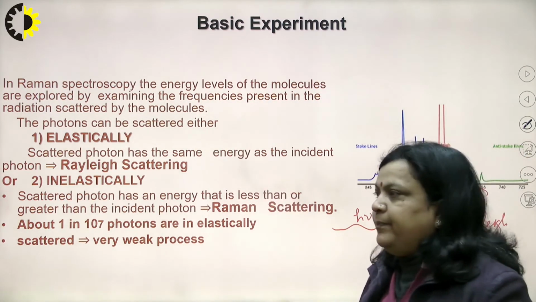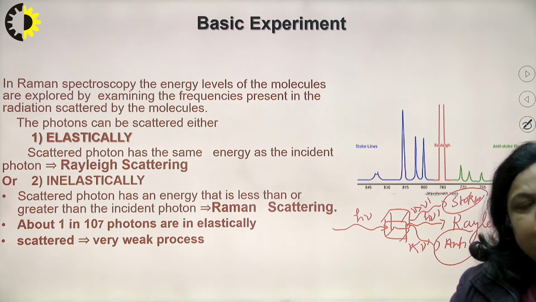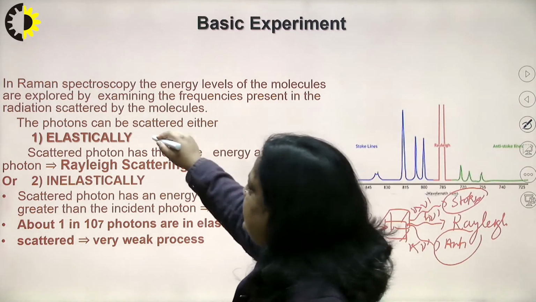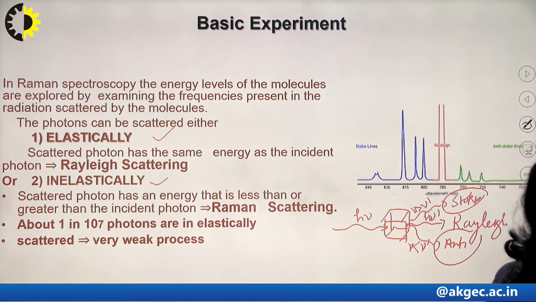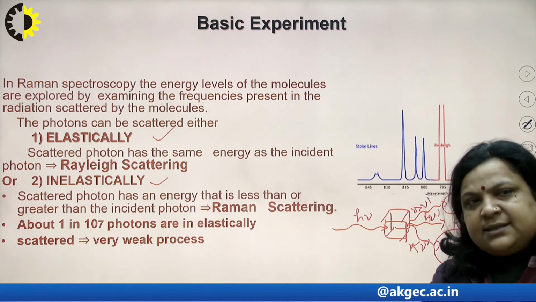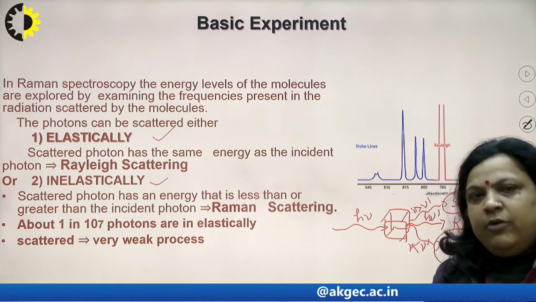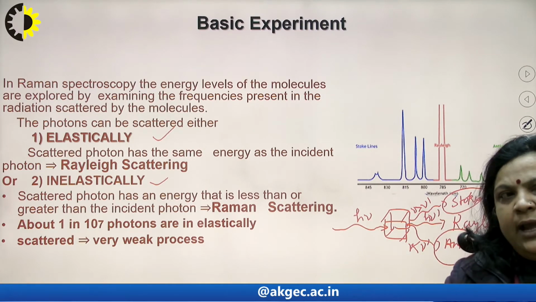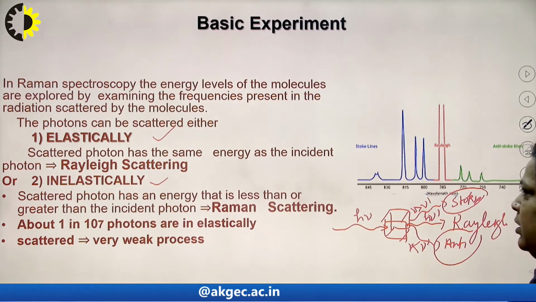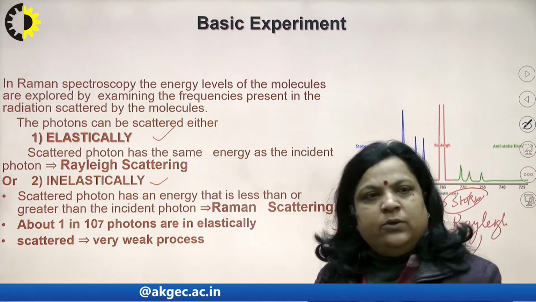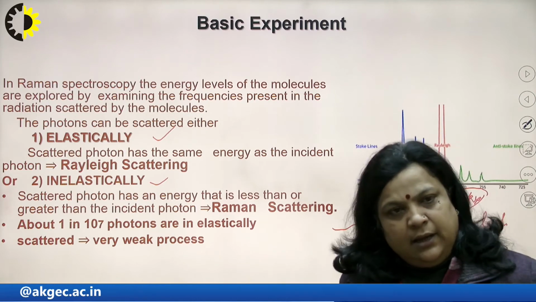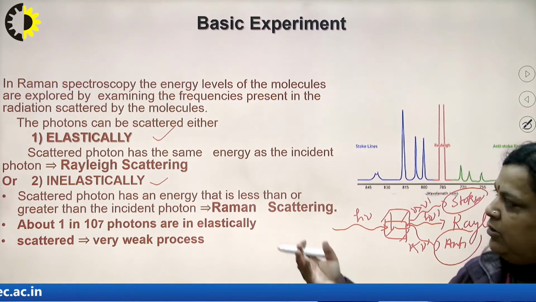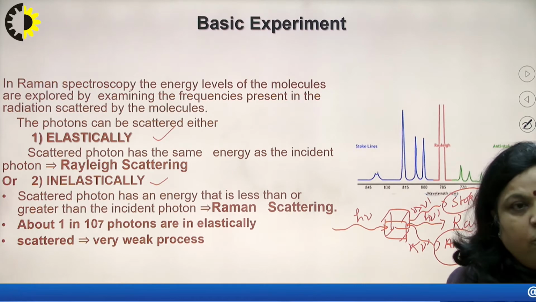So, we can say the photons can be scattered either elastically or inelastically. Elastically means the collision is elastic, that is, the scattered photon has the same energy as the incident photon, and inelastic collision means the scattered photon has energy either less than or greater than that of the incident photon.